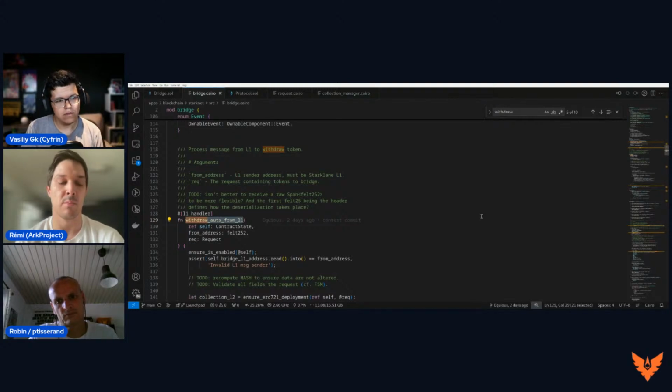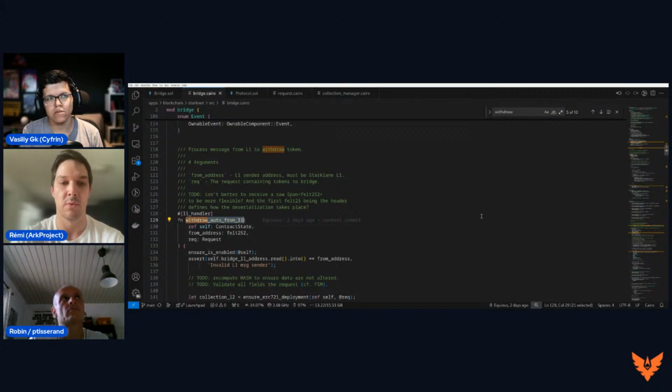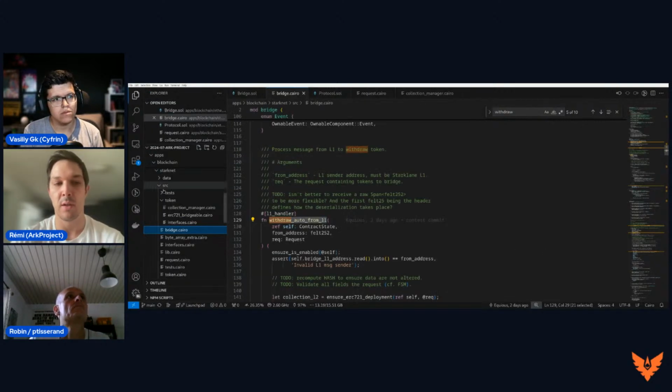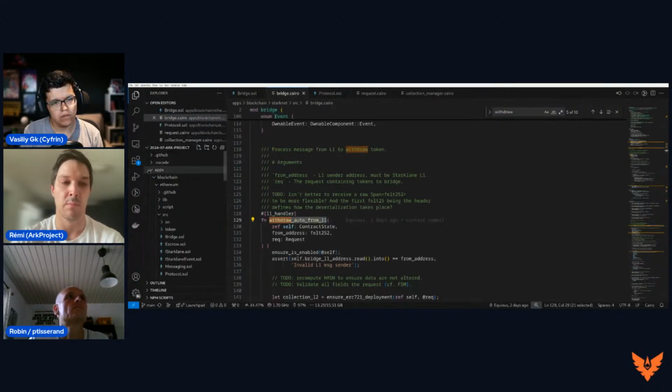And remember that the project has already undergone a pre-audit, and this pre-audit is already available in the GitHub repository, so feel free to check it out.